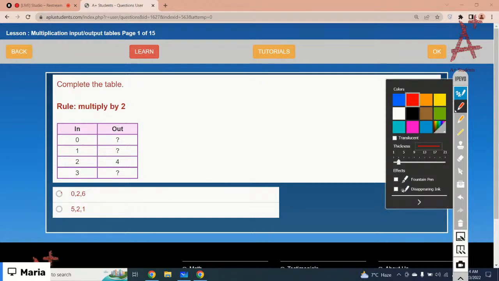Actually, I think the annotator is the one that is.